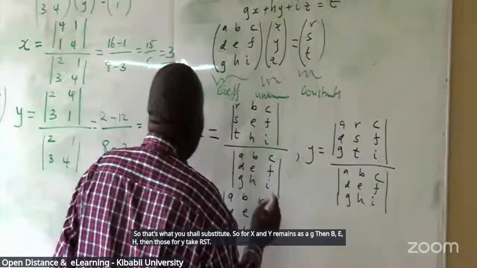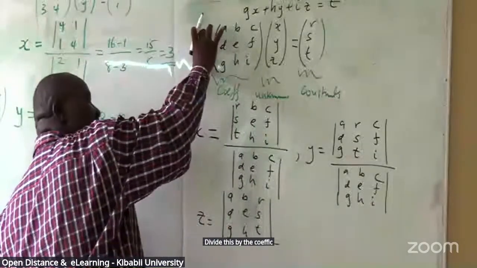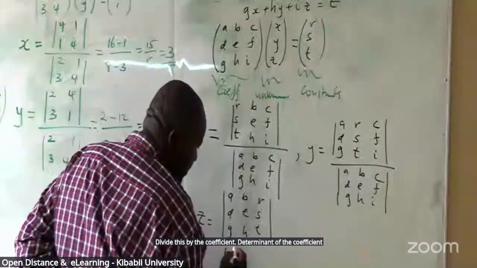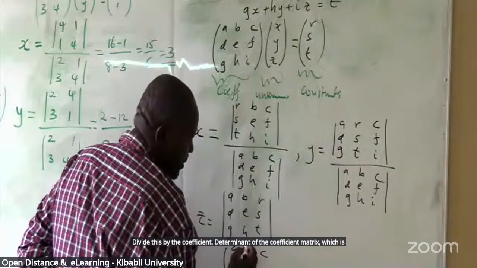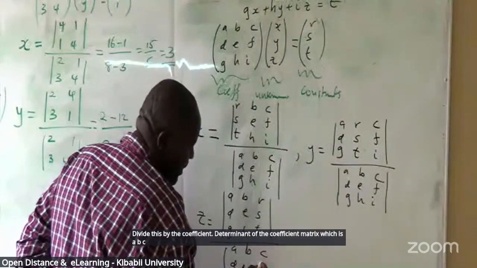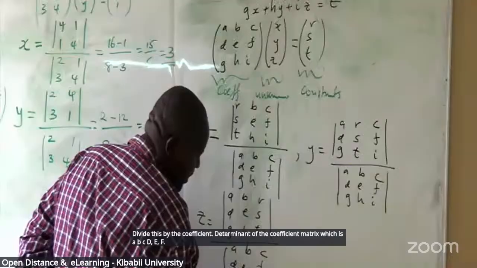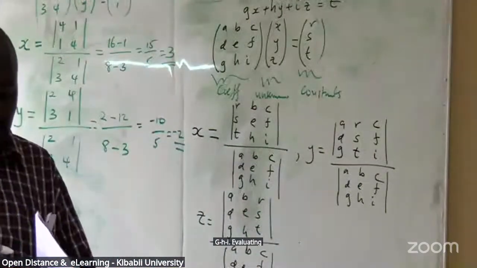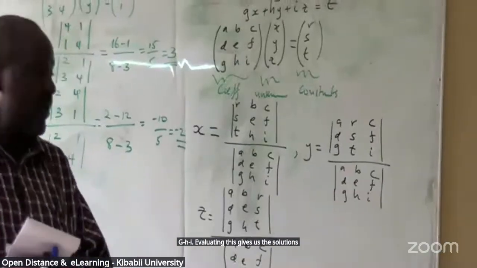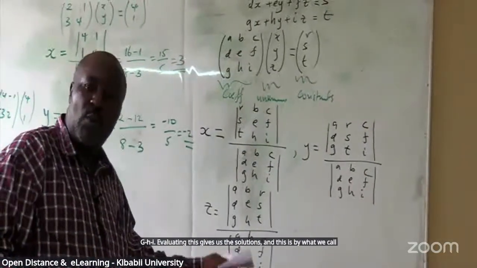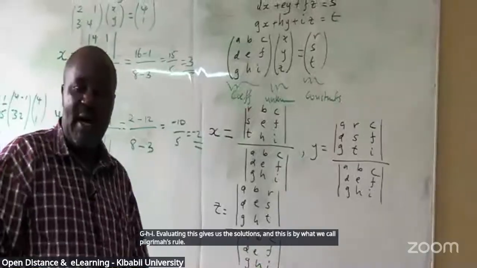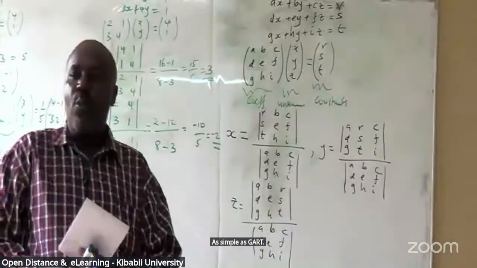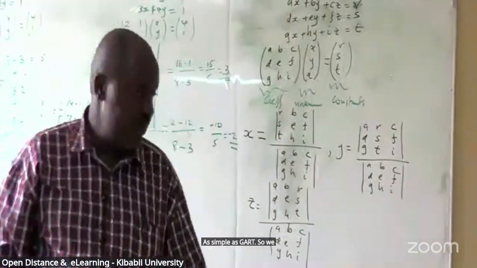Divide this by the determinant of the coefficient matrix, which is a, b, c, d, e, f, g, h, i. Evaluating this gives us the solutions, and this is what we call Cramer's rule. As simple as that. So we look at an example.